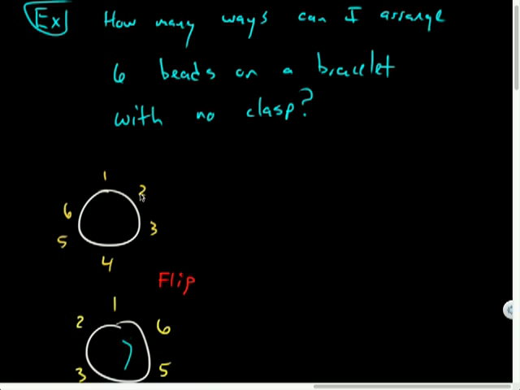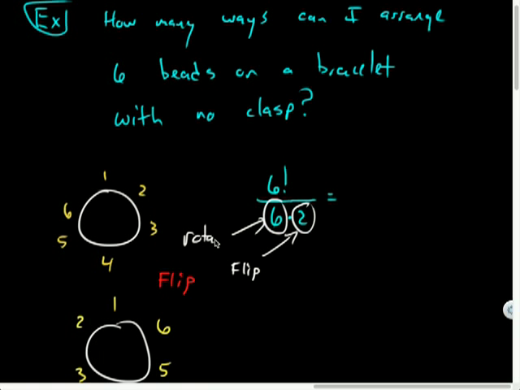So it turns out in this situation, I could calculate this by doing 6 factorial over 6 to deal with the rotations, but then I also would have to divide by 2, or multiply my denominator by 2 to account for the flips. So that's what this 2 is, the flip, and then this is the rotations.